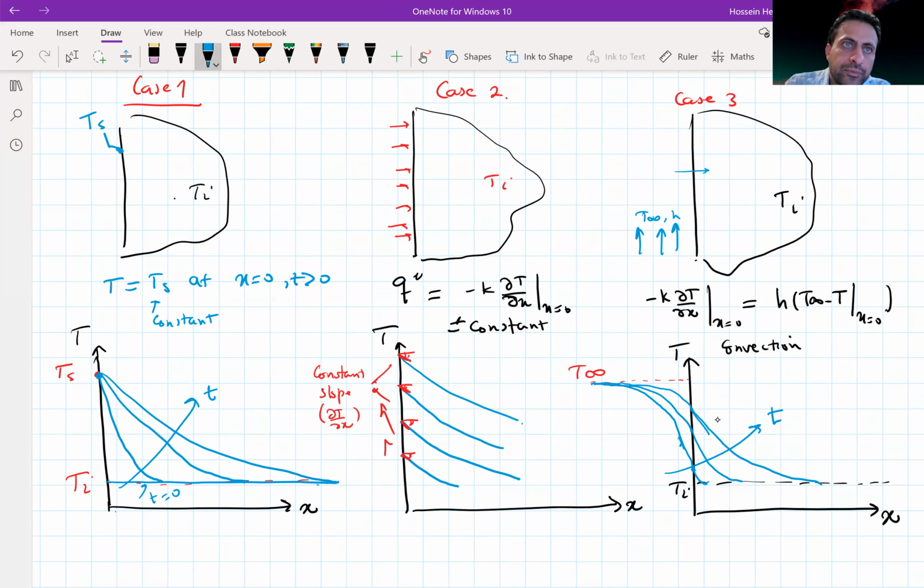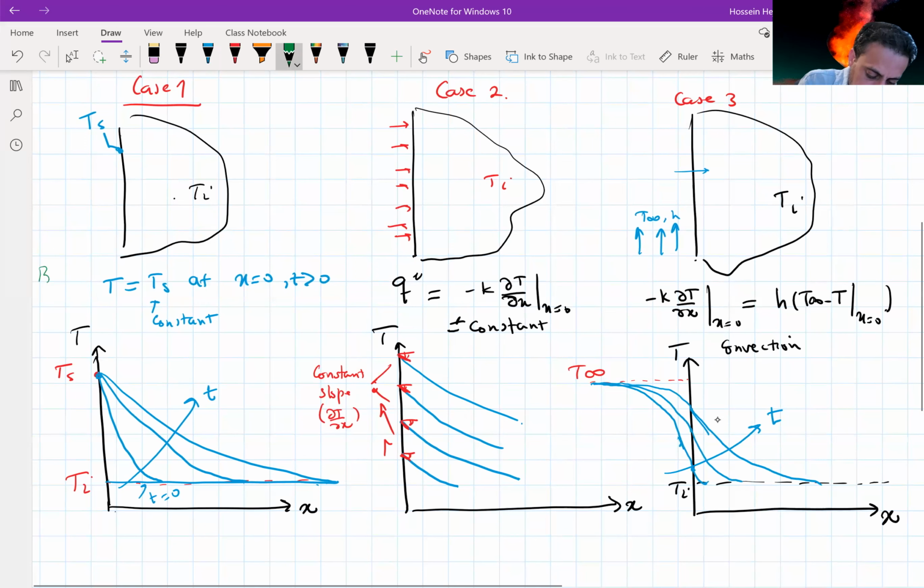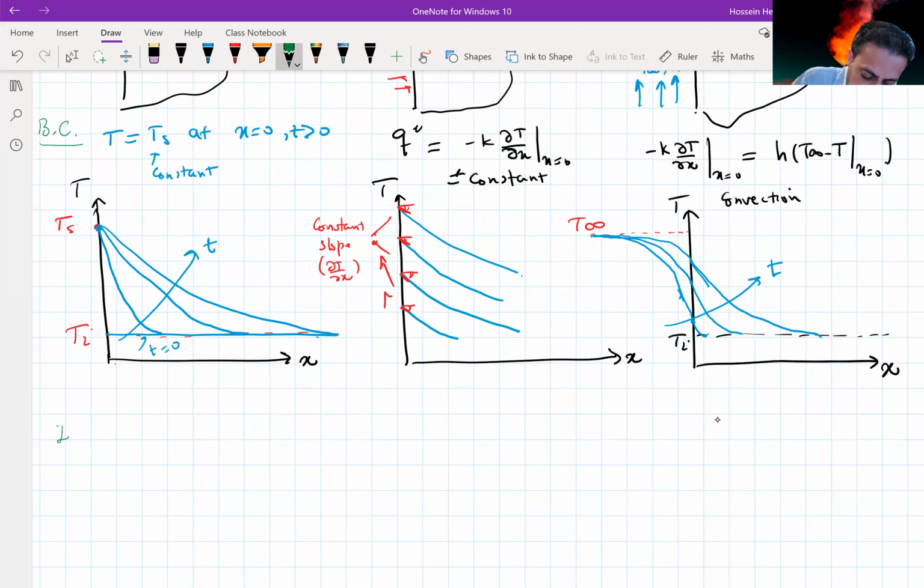And based on these boundary conditions, so these are the three boundary conditions that we have. Initial conditions for all of them would be T is Ti at x greater than 0 and t is 0. By having these two, we can find the solution.